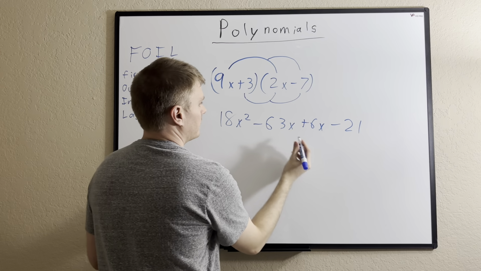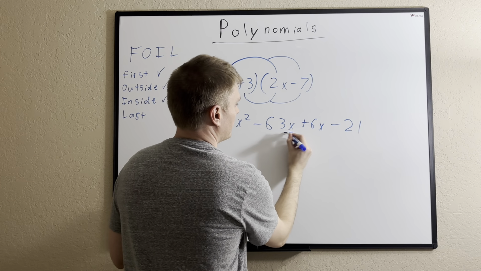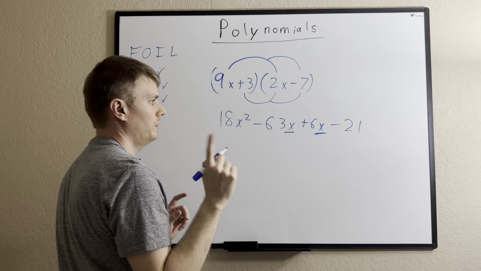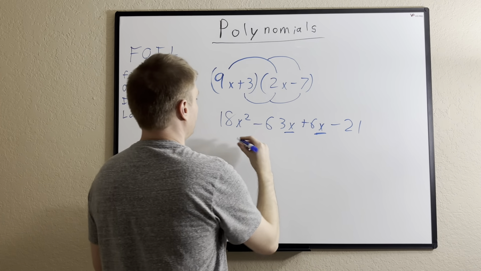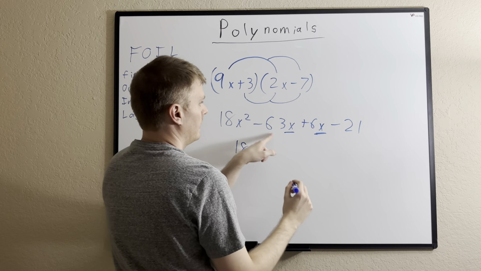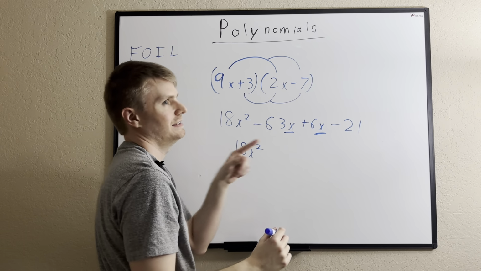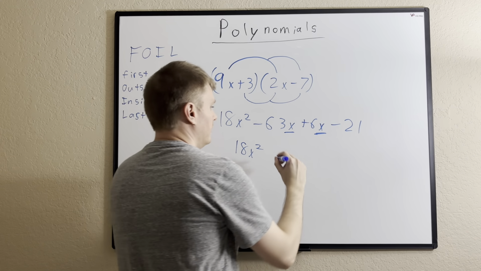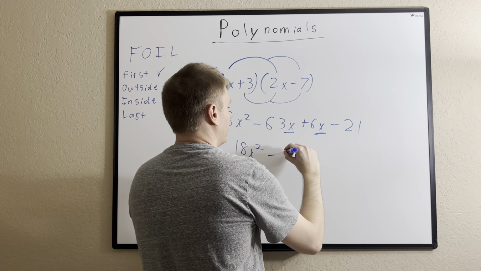Something going on here. There's an x and there's an x. Got to combine those. Always combine like terms. You're not done yet. This stays the same. Negative 63 plus 6. 63 minus 6 is 57, huh?